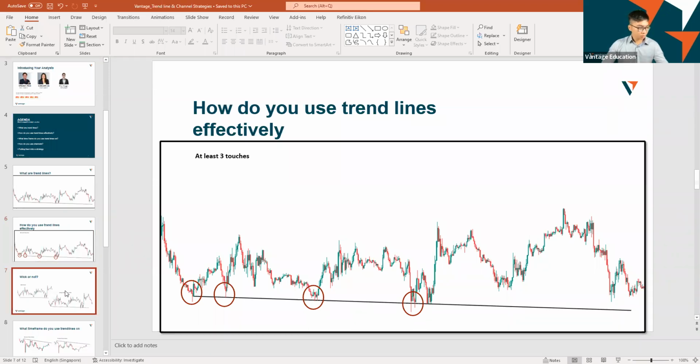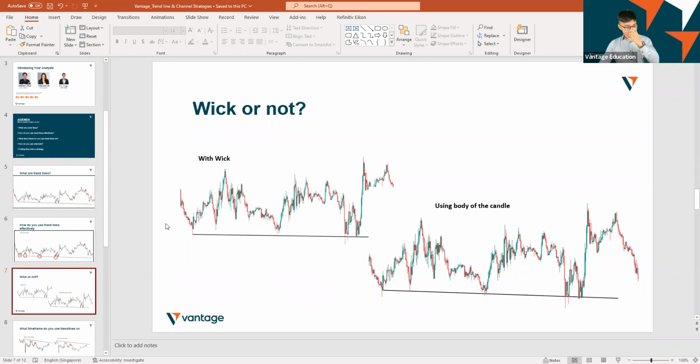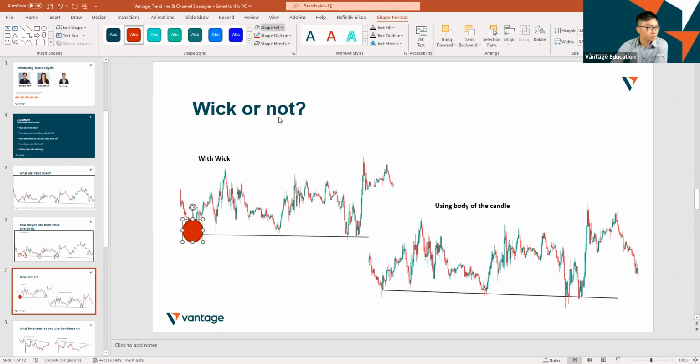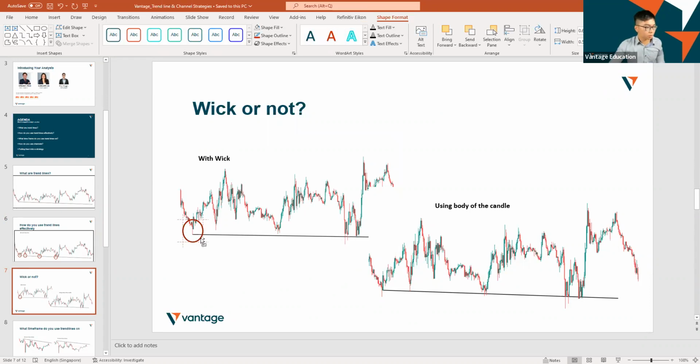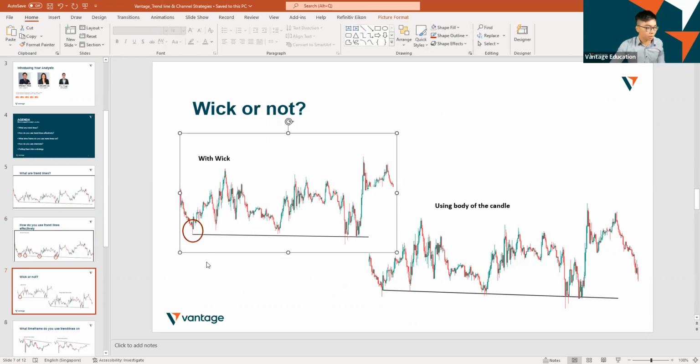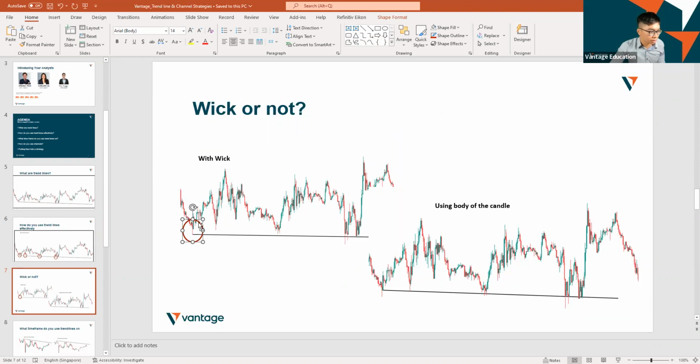So, many people like to ask, should we use a trend line with wick or no wick? With a wick, we are drawing it. Shape fill, no fill. So this is a no wick. Wait, I have to show you guys there's 3 touches. Touch. 3 touches.